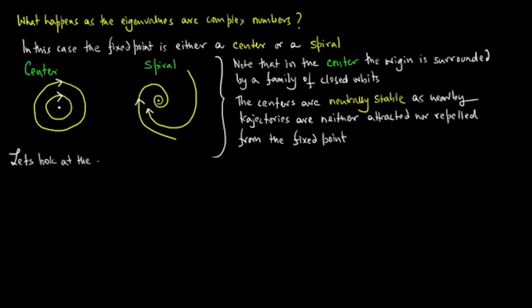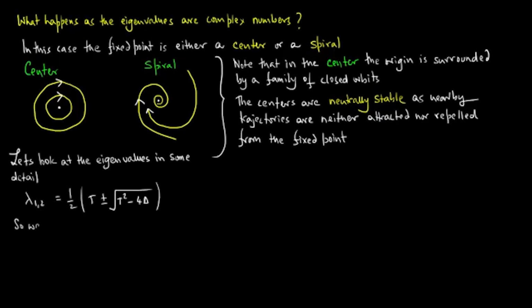Now let's look at the eigenvalues in some detail. So lambda 1 2 is equal to 1/2 trace plus minus the square root of trace square minus 4 delta. So we get complex eigenvalues when trace square minus 4 delta is less than 0.